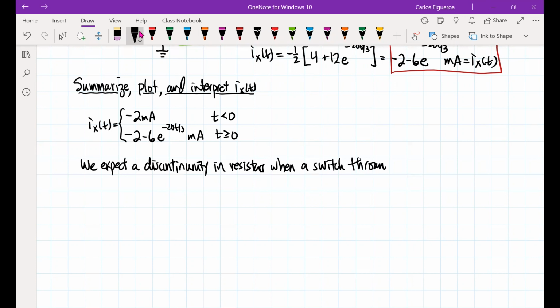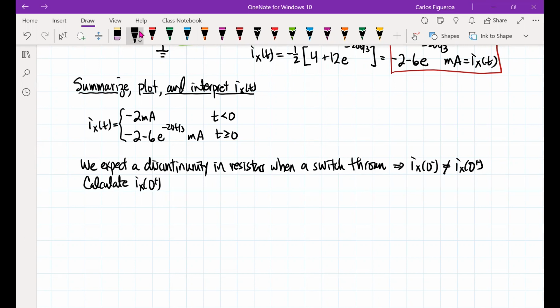So that really tells me that Ix of 0 minus should not equal Ix of 0 plus, unless the circuit tells you. So let's compare them. The first thing that I should do is calculate Ix at 0 plus first.